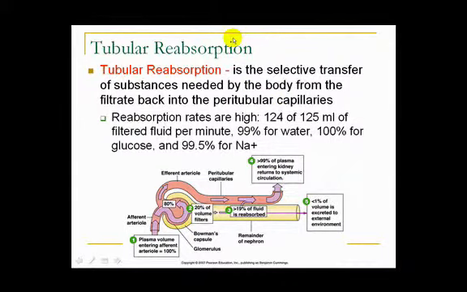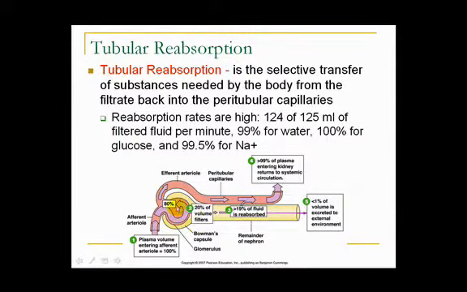Alright, so that's filtration. Glomerular filtration is pushing the fluid from the plasma into the capsule. Now, you already learned that most of the filtrate that originally gets pushed into the capsule and starts moving through the nephron, most of it's going to get reabsorbed.